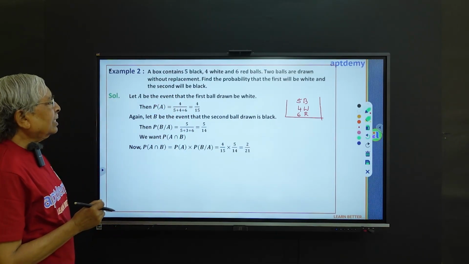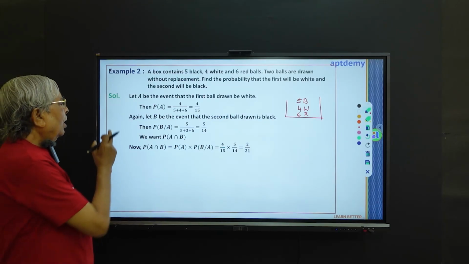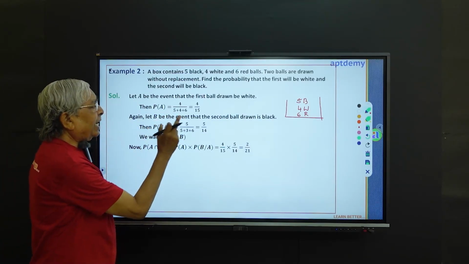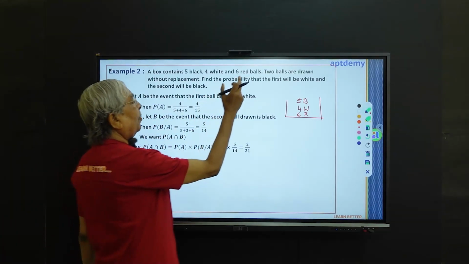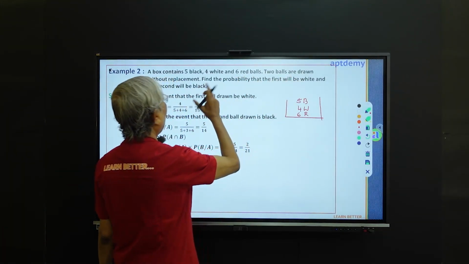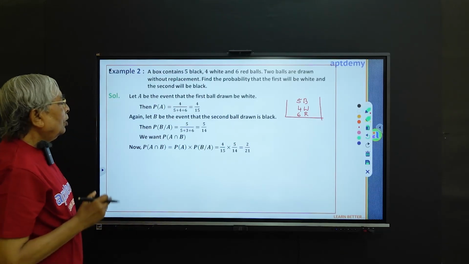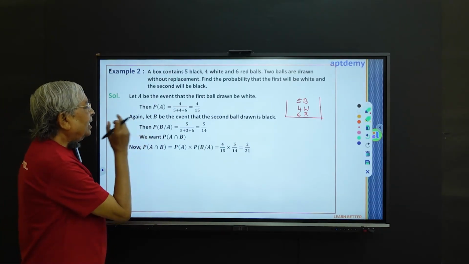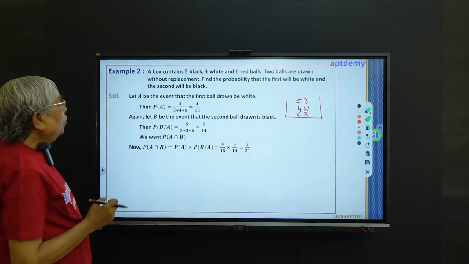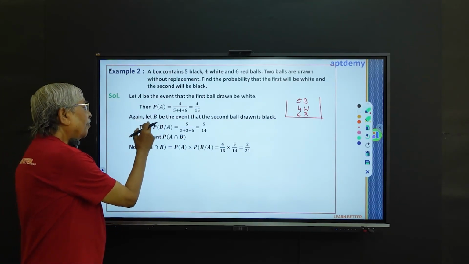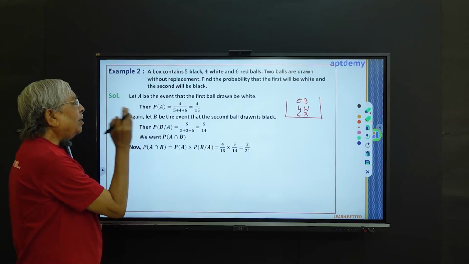Next, let us consider the second event. Let B be the event that the second ball drawn is black. We want the probability that the first ball will be white and the second ball will be black. So we want probability of B by A. Why B by A?